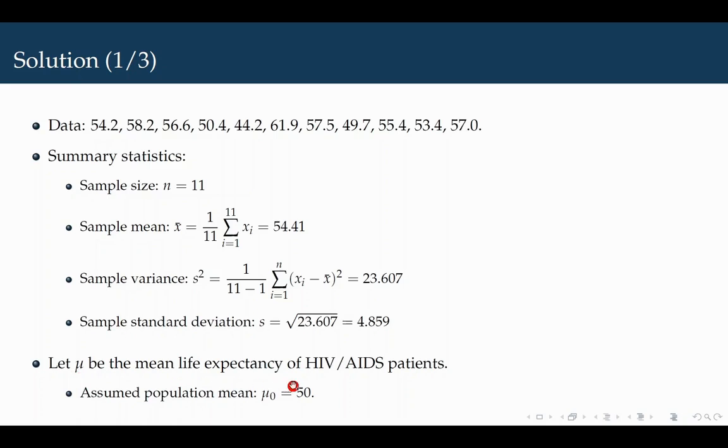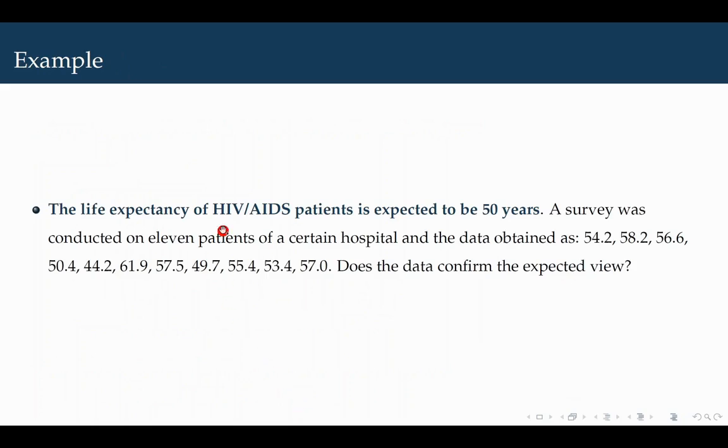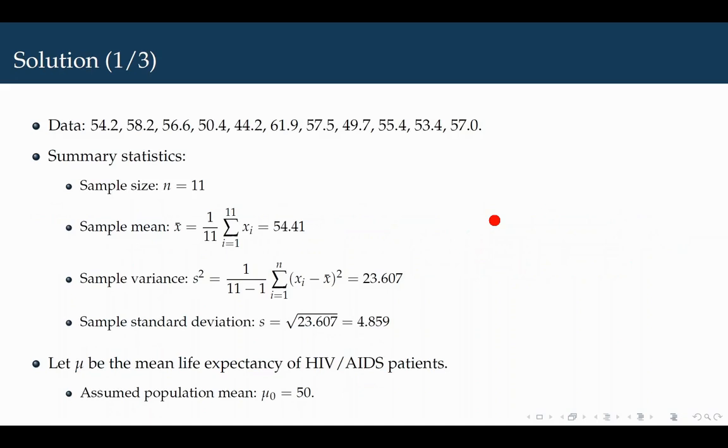And the assumed value here is 50. That is, it says the life expectancy of HIV patients is expected to be 50 years. So 50 is the assumed value for the population mean life expectancy of HIV/AIDS patients. So mu naught, or the assumed value that's going to be considered under the null hypothesis, is 50.